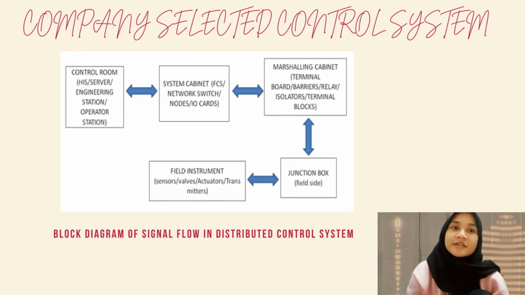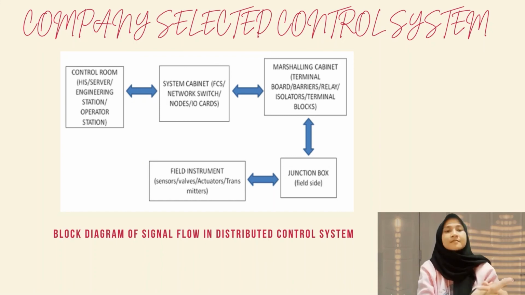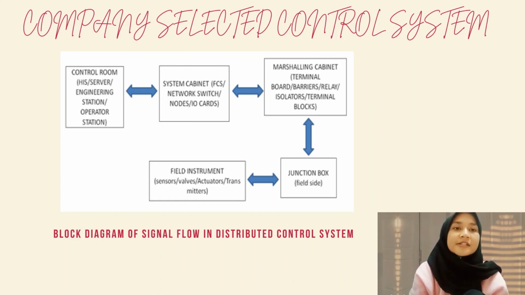There is UPS power provided to the cabinet components. UPS power prevents failure, and the cabinet has redundancy. So that's all the reasons and the flow of the DCS block diagram of the company's control system.